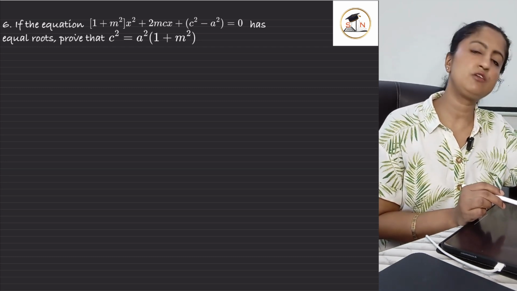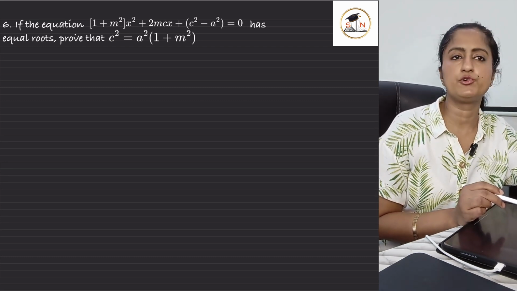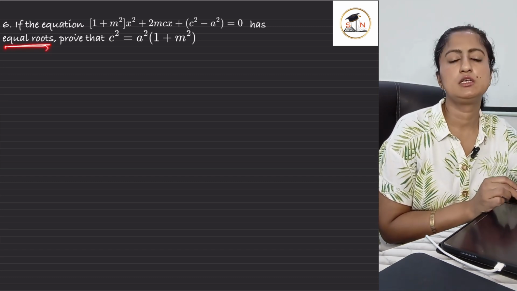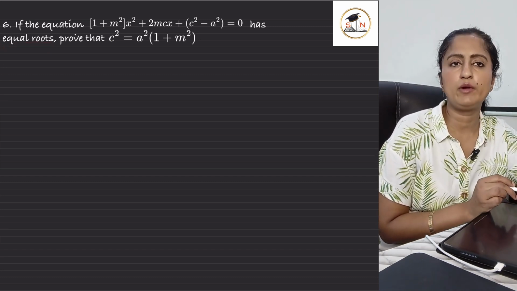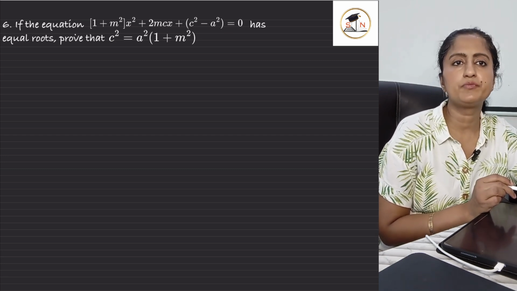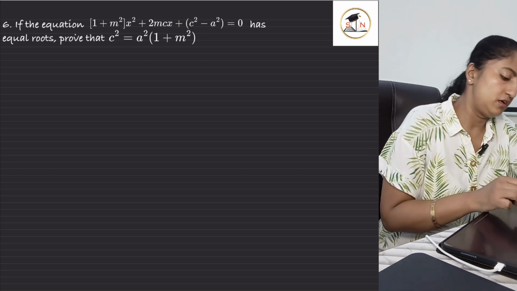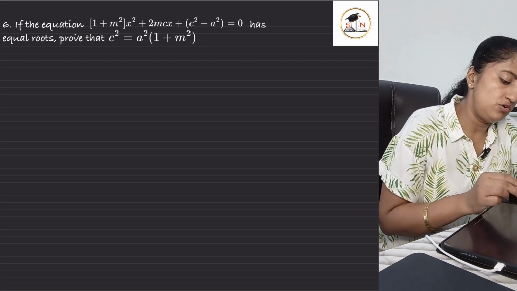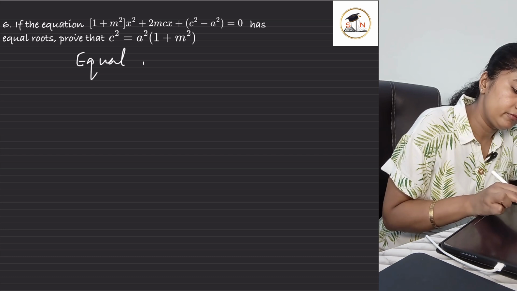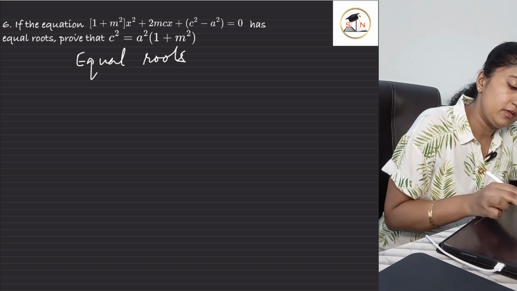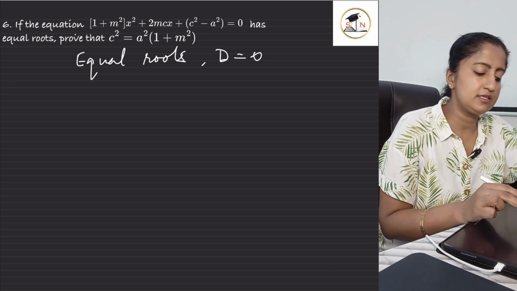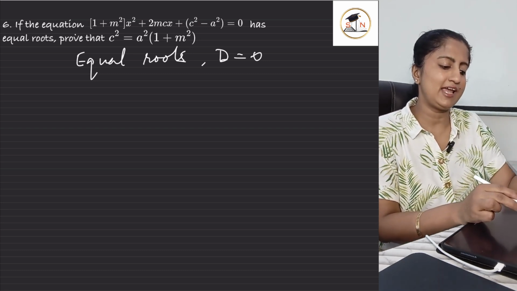So you can see whenever you are having such big questions, there is same condition every time, equal roots, because you are able to equate an equation with 0 and it becomes easier to solve, right? Okay, now, so we have equal roots, means d is supposed to be 0.